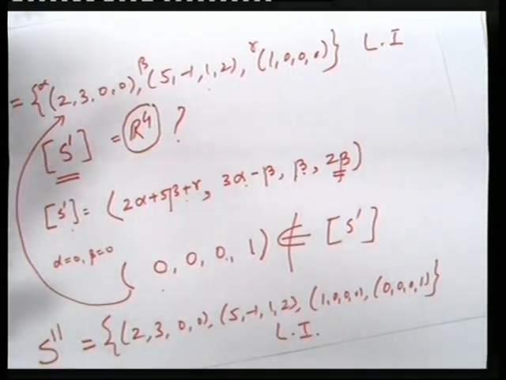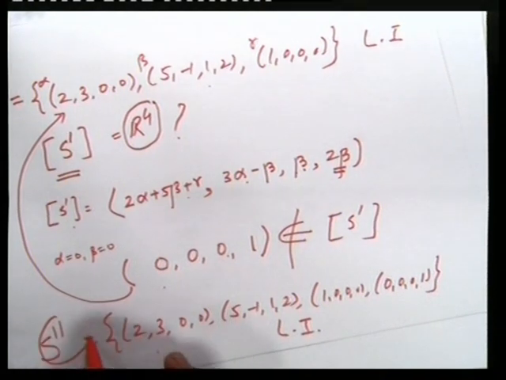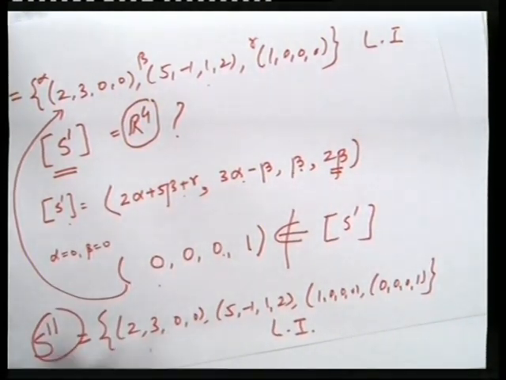And we know that the dimension of R4 is 4, so any basis of R4 must contain 4 vectors, and here these are 4. That means S double dash will be a basis of R4. Hence this way we can extend any linearly independent set up to a basis of that vector space.